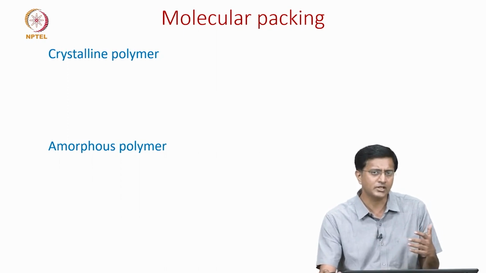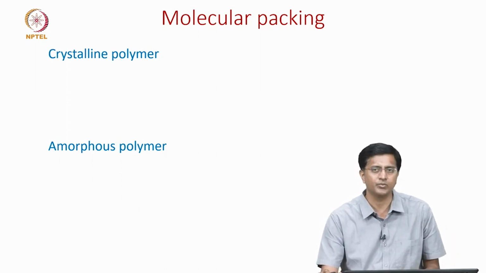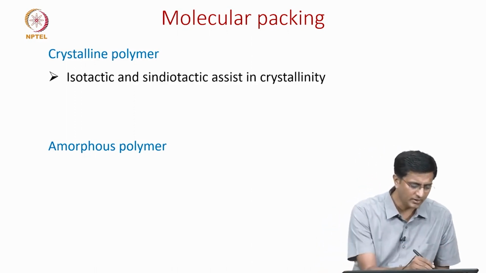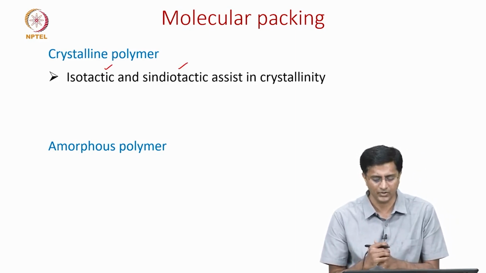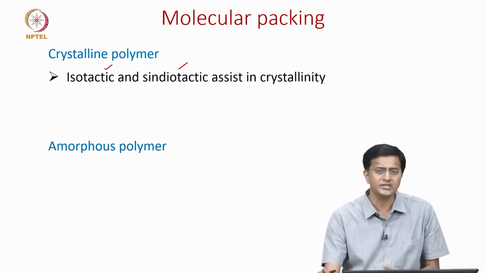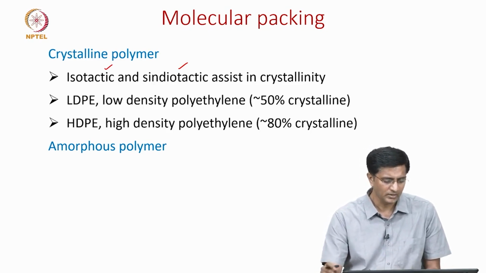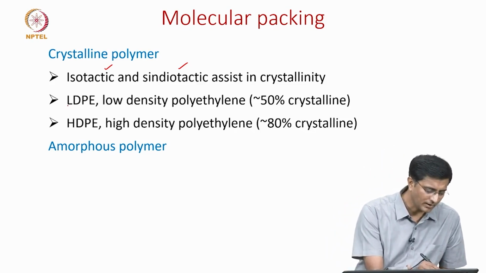But now let us look at under what conditions we have these crystalline polymers. First, as we already discussed in the previous slide, isotactic and syndiotactic will assist the formation of crystallinity. Okay. Let us look at some examples. To start with, polyethylene. I think in one of the earlier videos I mentioned LDPE and HDPE.